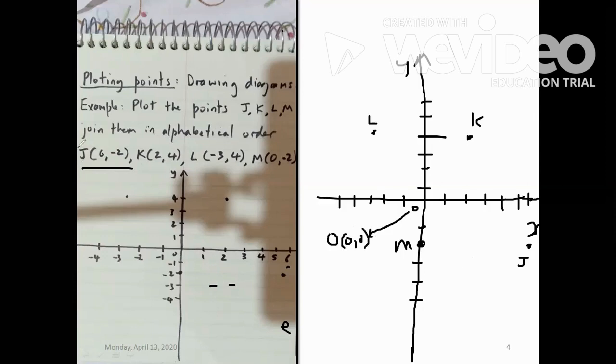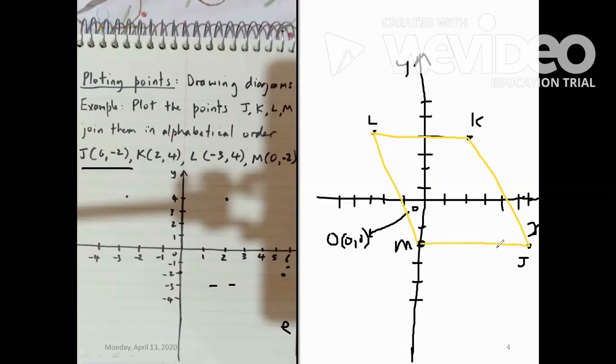All right. So the question says to join them in alphabetical order. So we have J. So J will go to K, L, M, and I would believe they would want to close that.